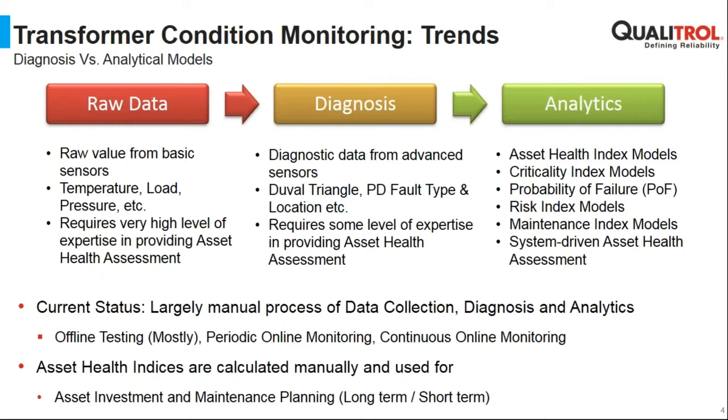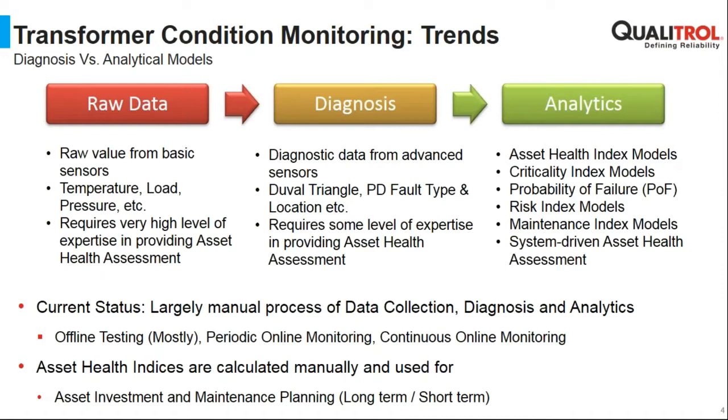Okay. Absolutely not. Okay. So as I was discussing with you, the trend on continuous online monitoring started with collecting raw data, which requires higher expertise in identifying the health of the transformers from that raw data. Then utilities moved from collecting raw data to collecting diagnosis information. Diagnosis information means adding advanced sensors on top of basic sensors.